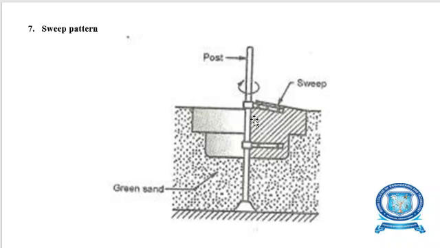After that the molding box will be filled with molding sand, and the wooden strip will be swept around the molding sand, so the wooden strip is arranged circularly to give the required shape. This is a sweep pattern.